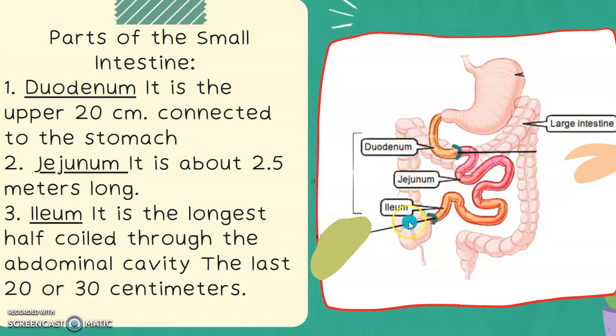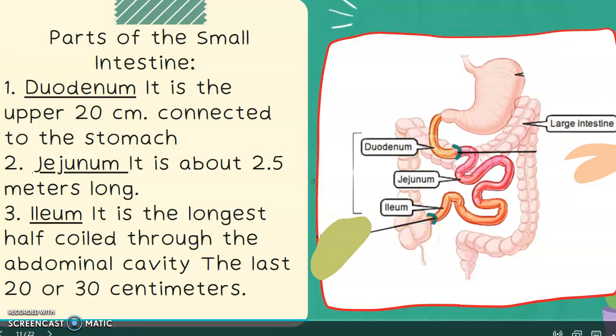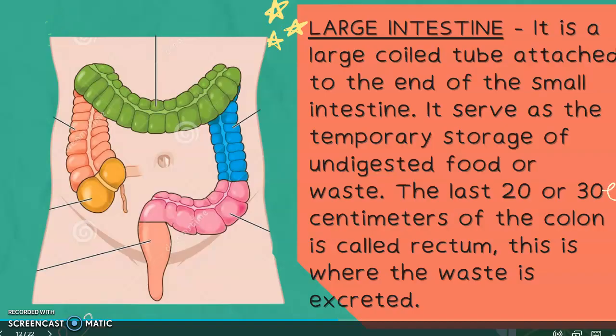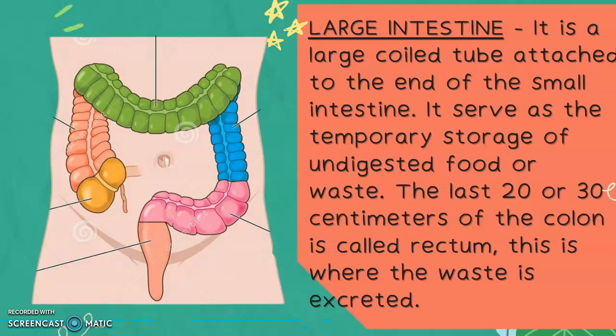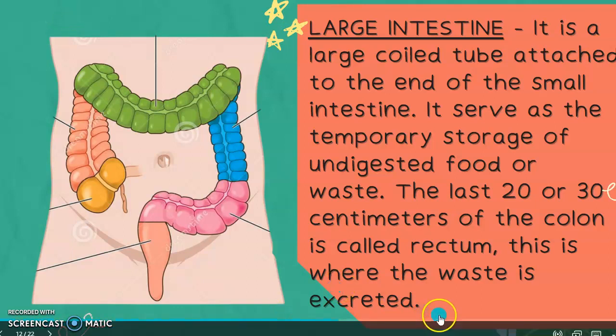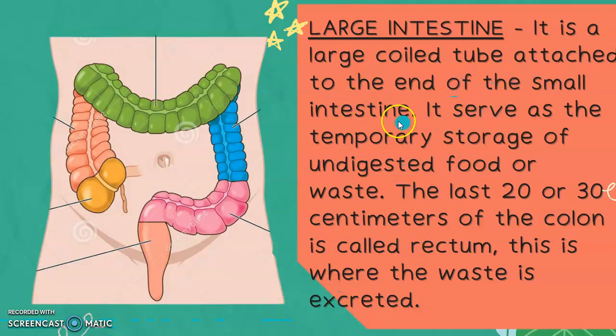So, alam nyo na. So, yung pagkain na hindi natunaw o yung waste product, alam nyo na kung saan siya mapupunta. So, mapupunta siya sa susunod na bahagi na kung tawagin ay large intestine. It is a large coiled tube attached to the end of the small intestine and serves as the temporary storage of undigested food or waste.